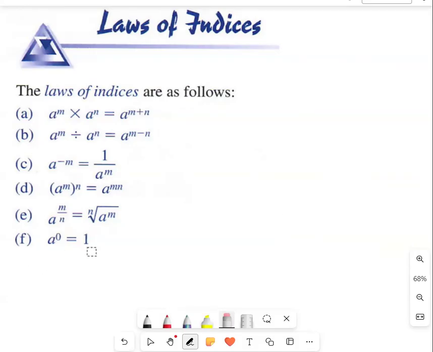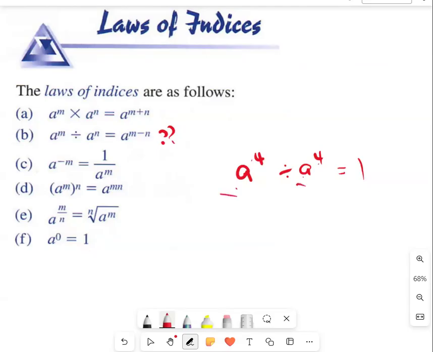And the last one is not really a rule, right? That's not a new rule. It actually comes from this one here. Or this one. What's something, a to the 4th power divided by a to the 4th power? You know that's 1 because a to the 4th and a to the 4th is the same thing, right?